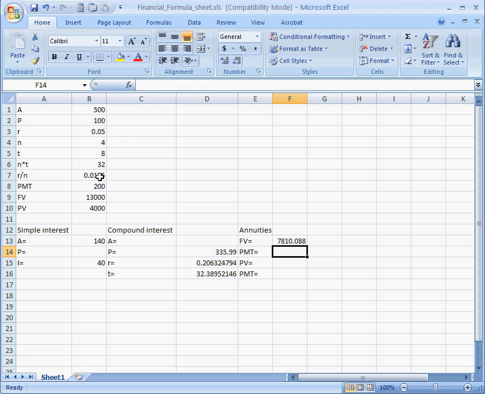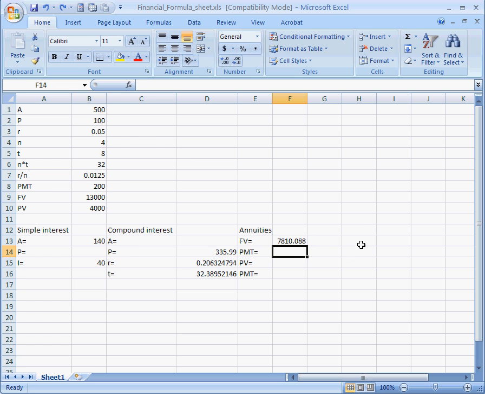I'll reiterate, at this point I could change this payment to, let's say, 500. I could go through, I could change R to 0.0625, N to 12, and the future value is changed to accommodate those changes in the initial values here.